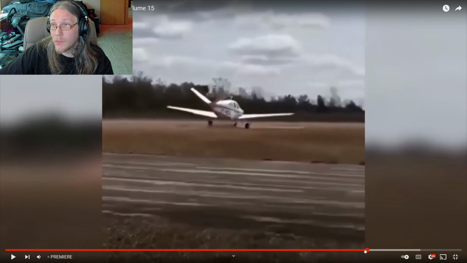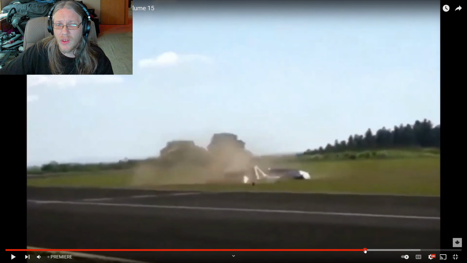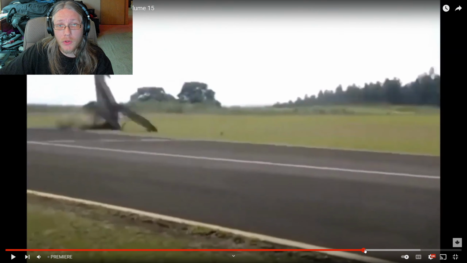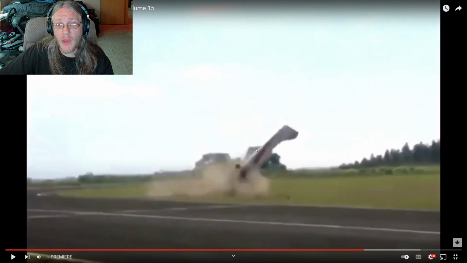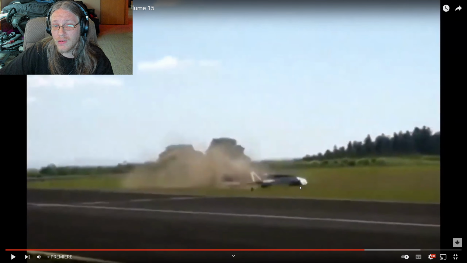Now also, these airplanes are going faster because they're taking off. That one was landing, so it was probably going slower. But notice what we don't ever see is the back get bent in the opposite direction. And boom, oh look, that tail clearly got smashed.